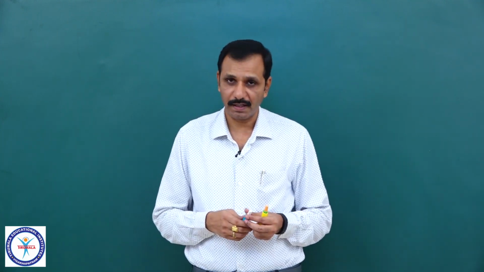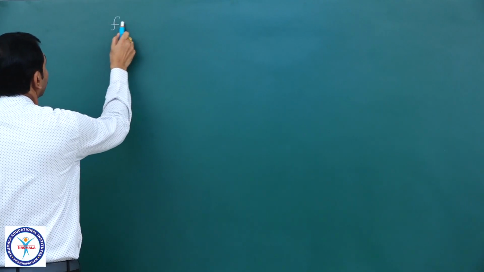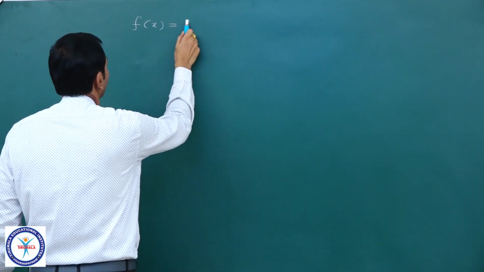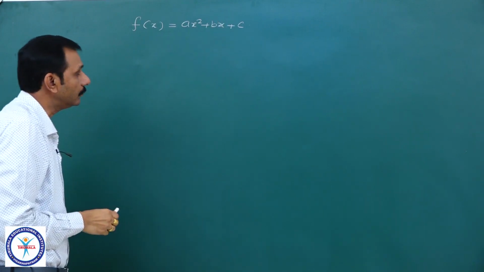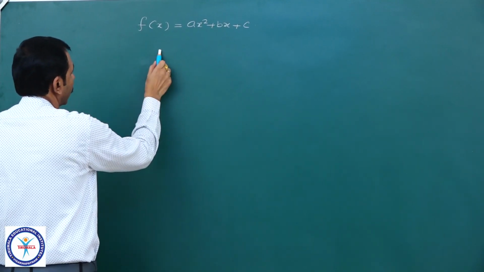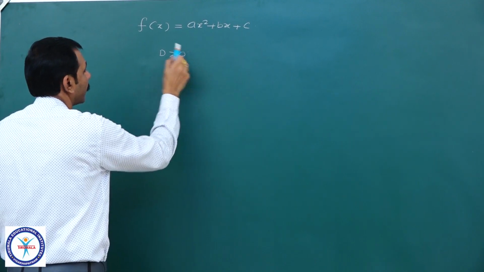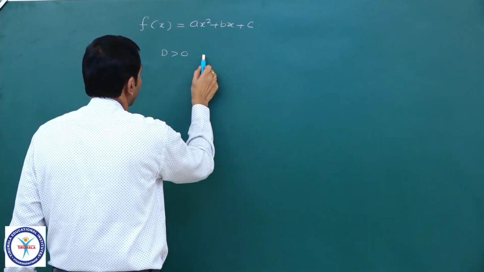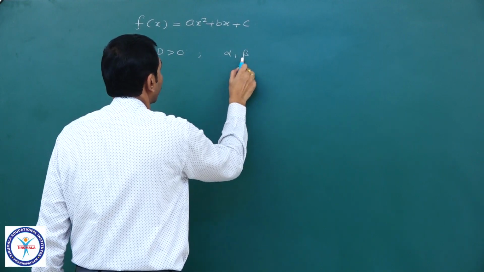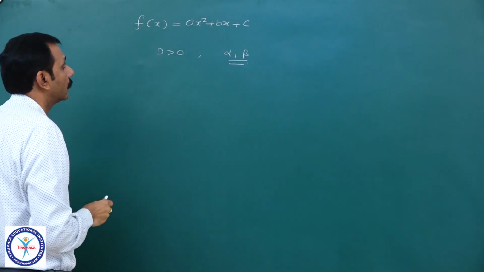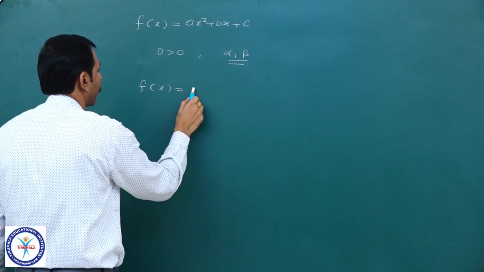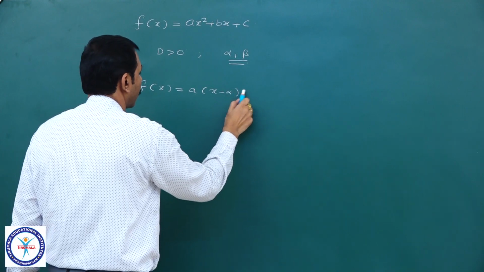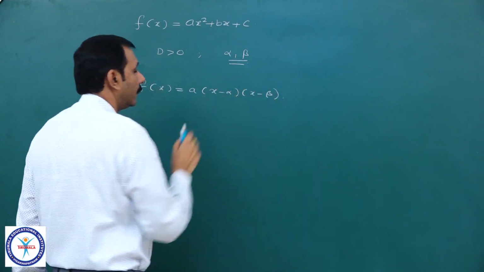Once again, in a nutshell I will explain. Suppose f of x is equal to ax square plus bx plus c, and if the discriminant is greater than 0, then it has real roots, say the roots are alpha comma beta, and now this can be written as f of x is equal to a times x minus alpha into x minus beta.